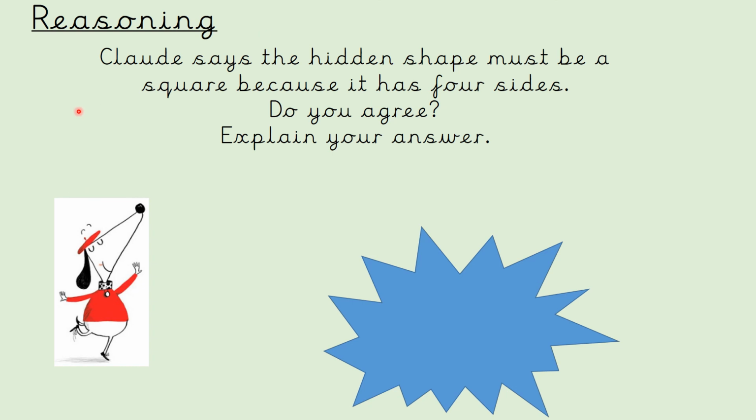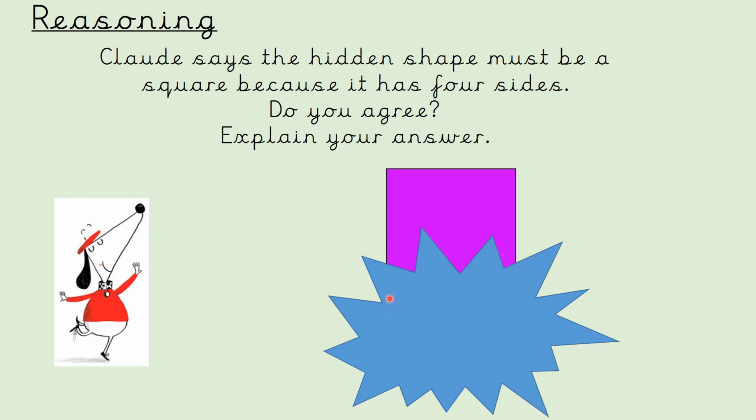Let's have a look at our reasoning of the day. Claude says that the hidden shape must be a square because it has 4 sides. Do you agree with Claude? Okay, let's have a look at it together. We can see 3 sides, can't we?